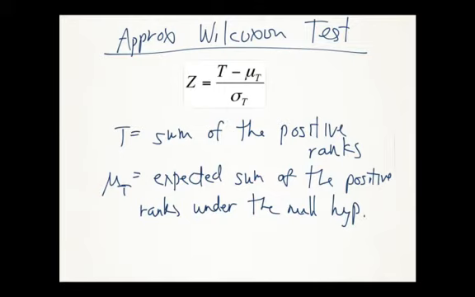And then, you guessed it, sigma sub t is the standard deviation of the sum of the positive ranks under the null hypothesis.